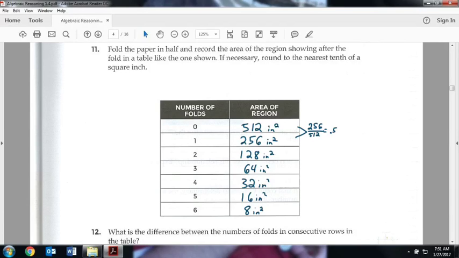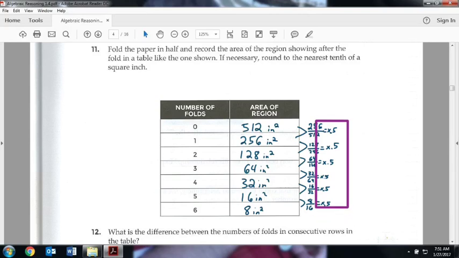So basically you're multiplying by a half. Same thing here, 128 divided by 256, that's a multiplier of 1/2. 64 divided by 128, again we get times 1/2. I'm going to fill out the rest real quick. And you realize these are all the same ratio.